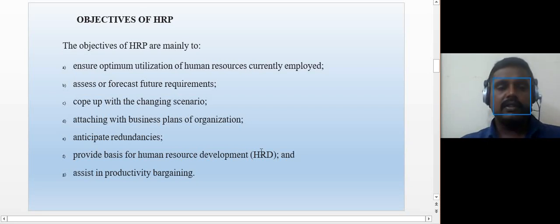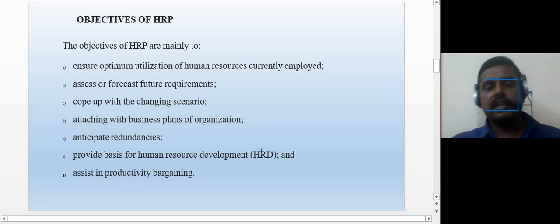And the third is to cope with the changing scenarios of human resource planning. We have to cope with that, create some new strategies, adopt some new policies, because change is the only constant. We have to keep that in mind. Without changing anything else, we definitely have to bring the changes.